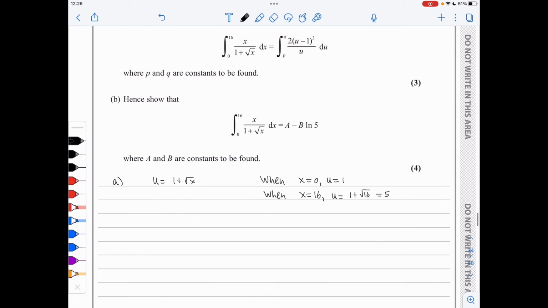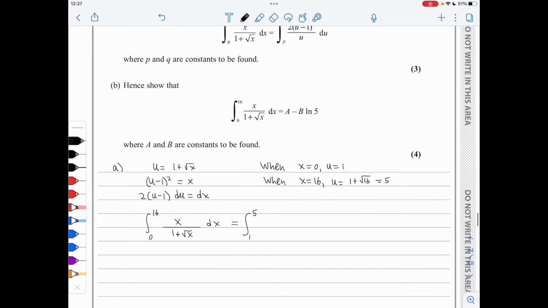Now, I will say that u minus 1 all squared is x, which means that 2 times u minus 1 du is dx. So I know what to put in the place of dx. I know what the limits get translated to, which means that the integral from 0 to 16 of x over 1 plus root x dx will be the integral from 1 to 5.